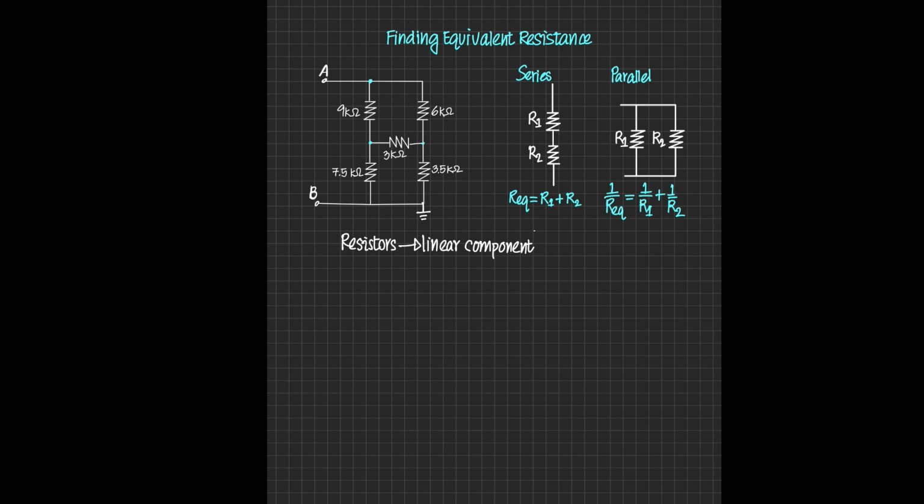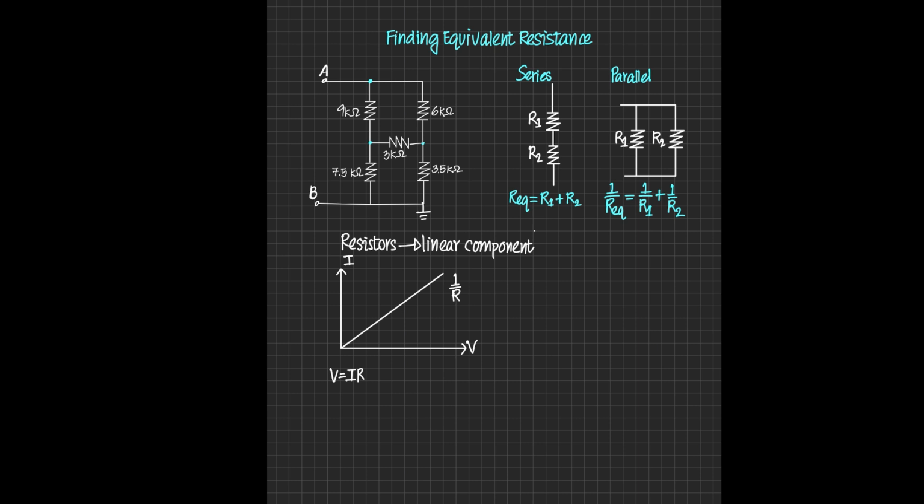By that, we can see that the circuit AB exhibits a linear behavior, which means according to Ohm's law, we know that V is equal to IR.